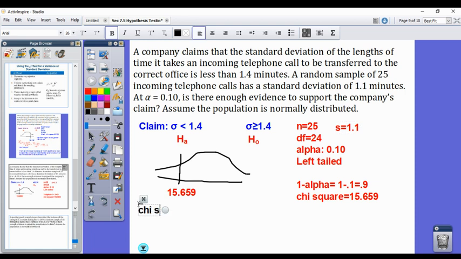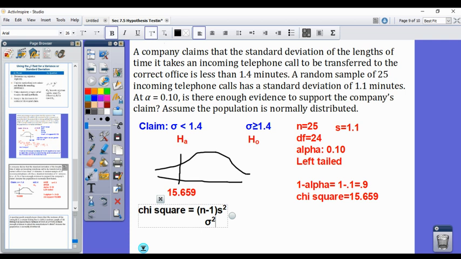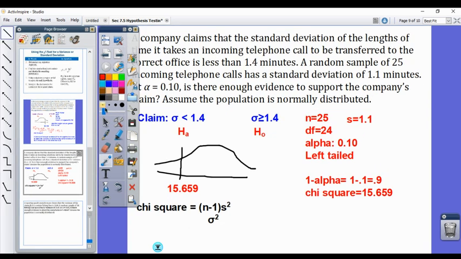Okay, so chi-squared equals n minus 1 times s squared, and that is all divided by sigma squared. Hope that is a very fat line. Okay. All right. We're gonna make it work.